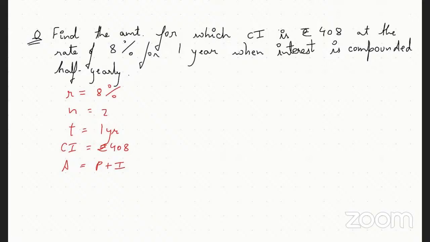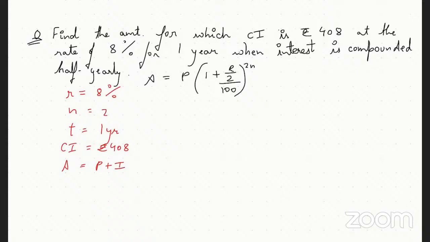So this is amount equals P into 1 plus R by 2 by 100, whole thing raised to the power 2n.